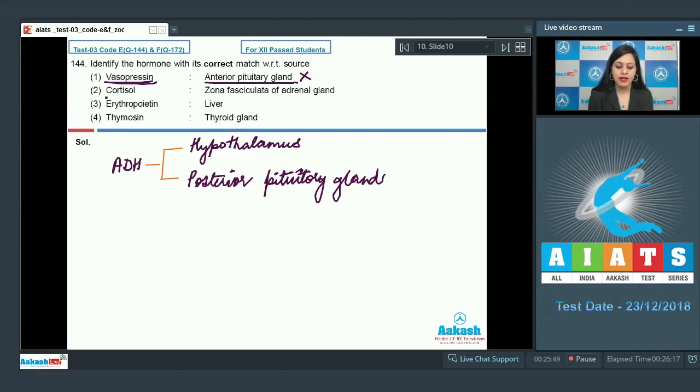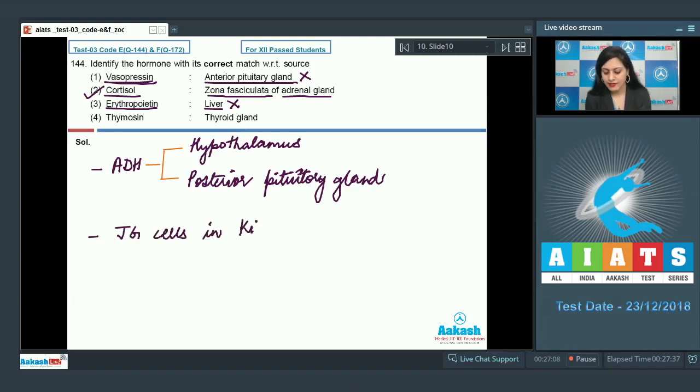The second option given is cortisol and the match given is zona fasciculata of the adrenal gland, and this is the correct answer to our question because the zona fasciculata of the adrenal gland is the source of cortisol hormone. The next option is erythropoietin with source liver, which is an incorrect match because erythropoietin is produced from JG cells in the kidney and is responsible for erythropoiesis.